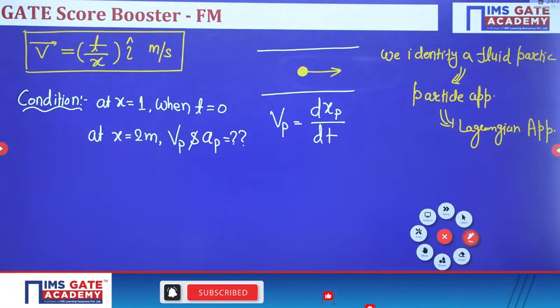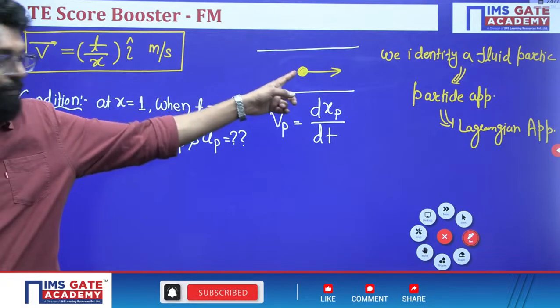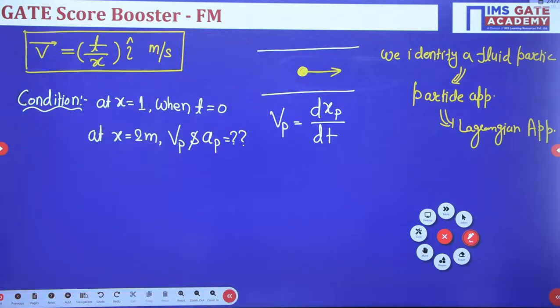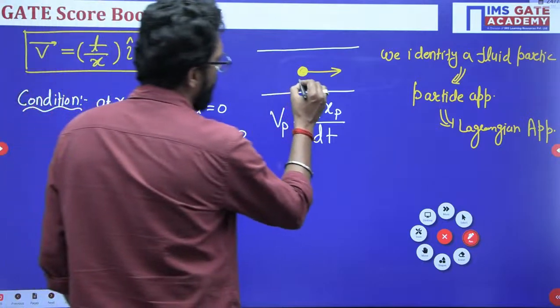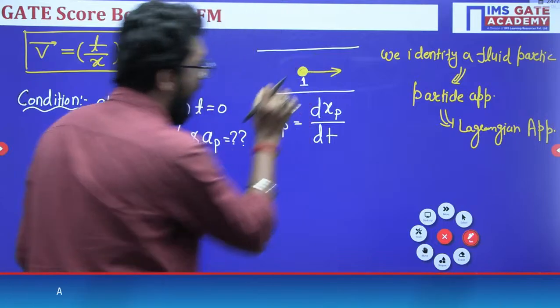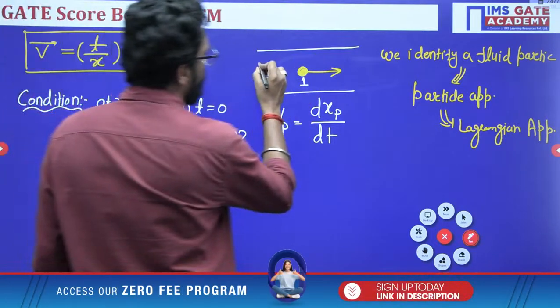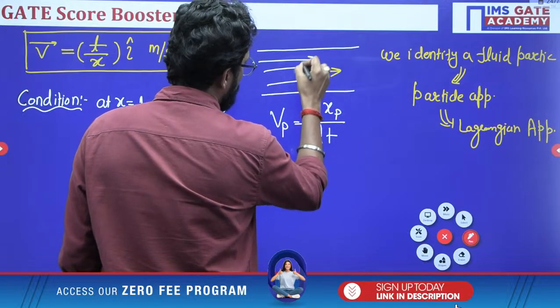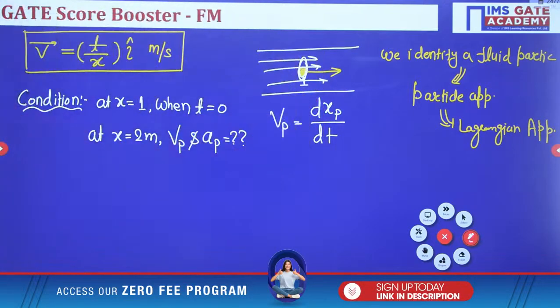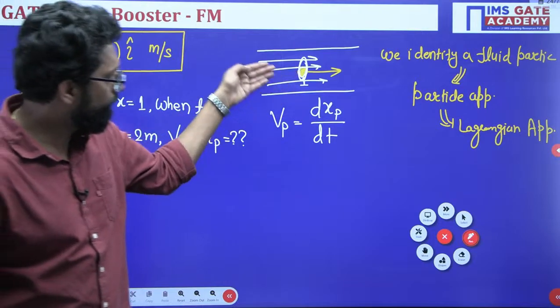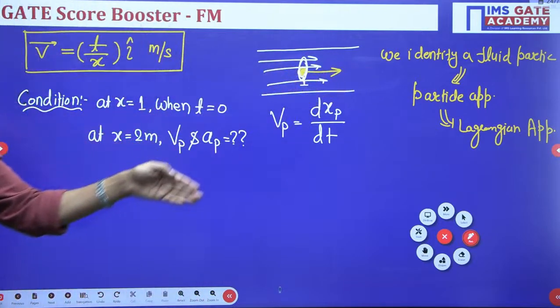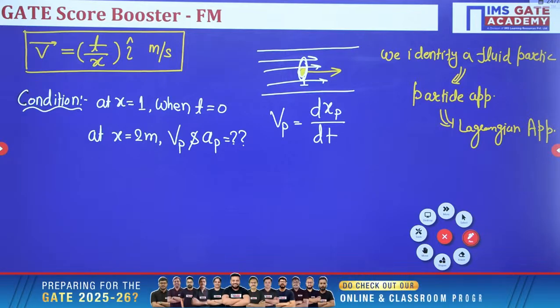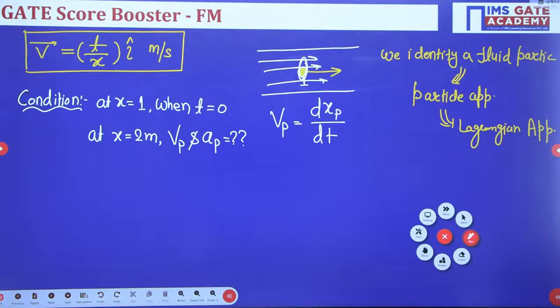So if the velocity of the flow at a point, let's suppose any point 1, is the same as the fluid particle velocity located at that point at that instant of time, then in this case the Lagrangian description is the same as the Eulerian description.